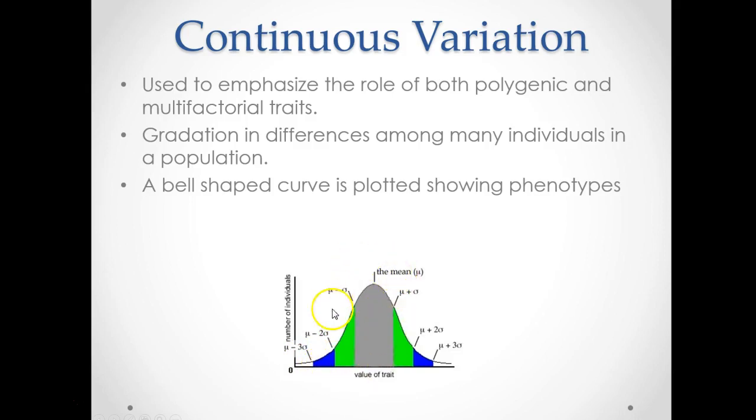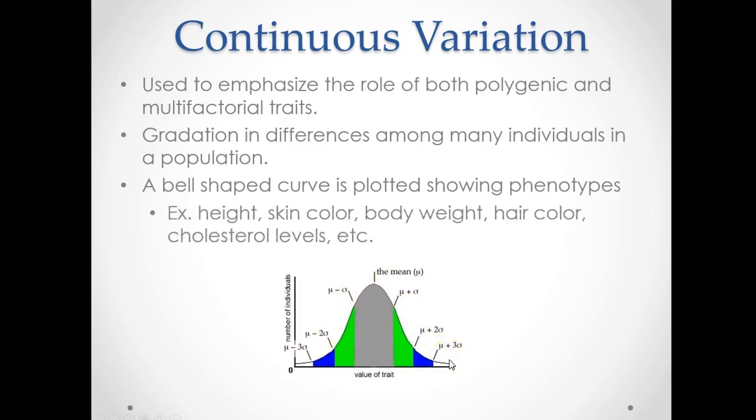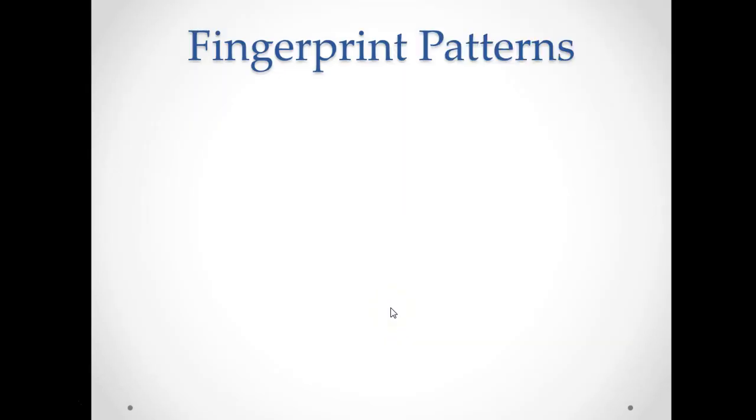Most people are going to fall into what's known as our average, and then there are a few people on the end here who are going to be taller, right? So this is our continuous variation. There are phenotypes in between here, right? That's the idea. So again, height, skin color, body weight, hair color, cholesterol levels, you name it, all of these would fit this pattern, if you will, where we see continuous variation in a population.